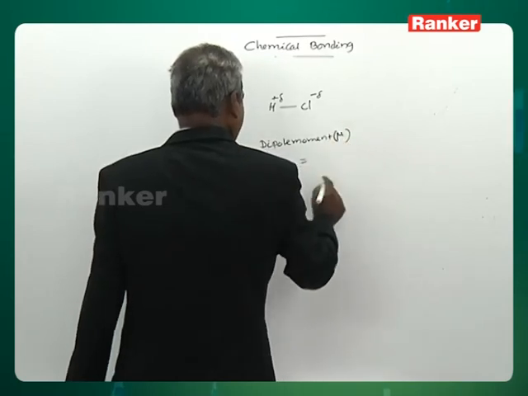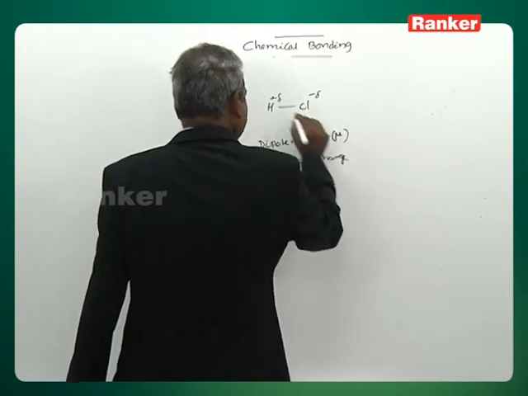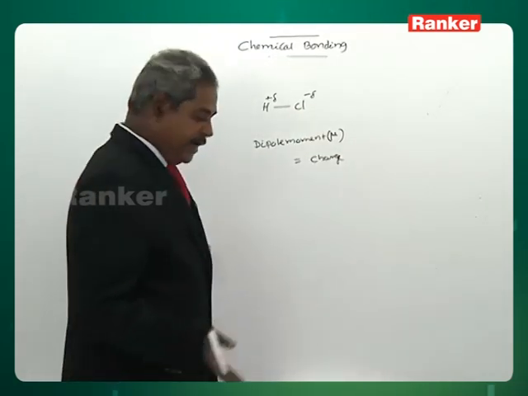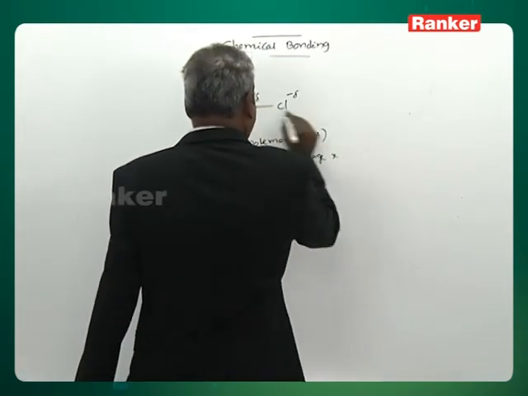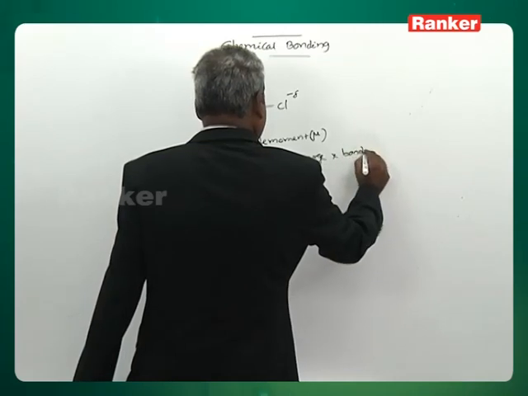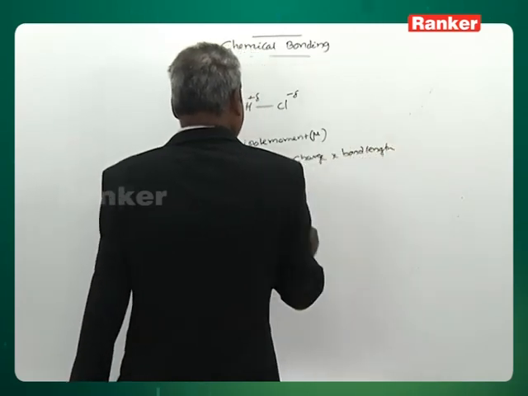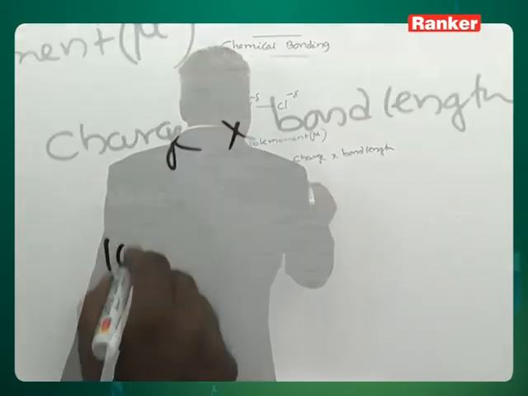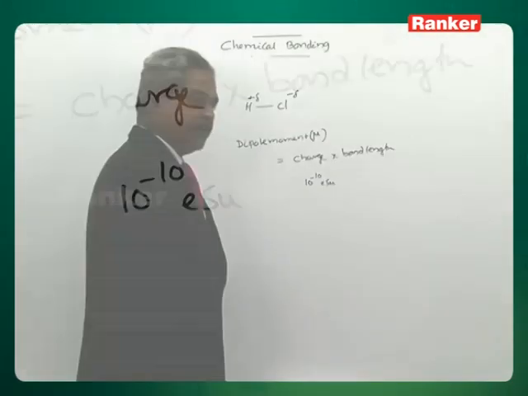Dipole moment mu is equal to the charge acquired by each atom, whether positive or negative, into distance. Charge into distance, which is called bond length. Charge into bond length. Charge is of the order 10 power minus 10 electrostatic units.